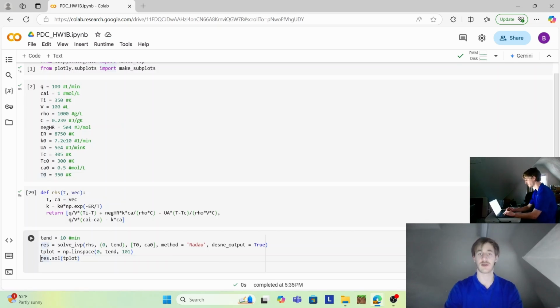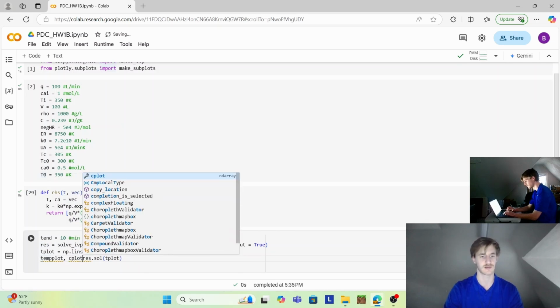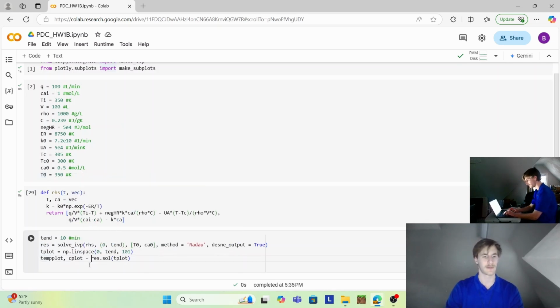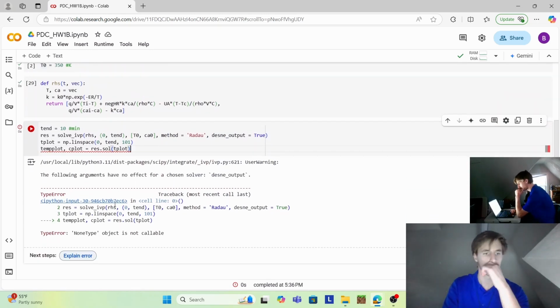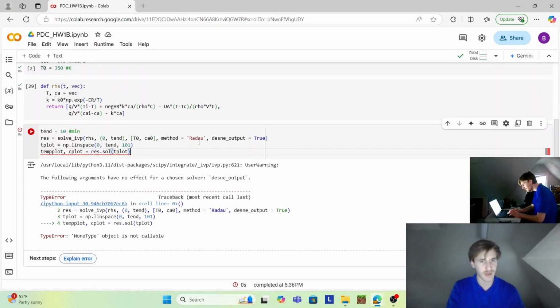And we will make our variables temp plot and cplot. All right, then, NoneType object is not callable. Oh, I misspelled dense output.